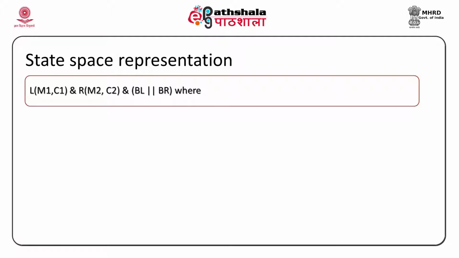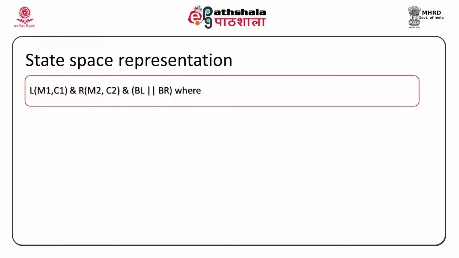M1, C1 are the number of missionaries and number of cannibals on the left side. R indicates the right side. M2 is the number of missionaries on the right side, and C2 the number of cannibals on the right side. And BL or BR: BL means the boat is on the left side, BR means the boat is on the right side.